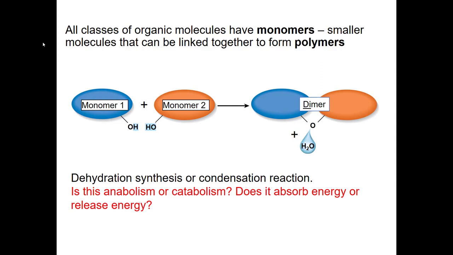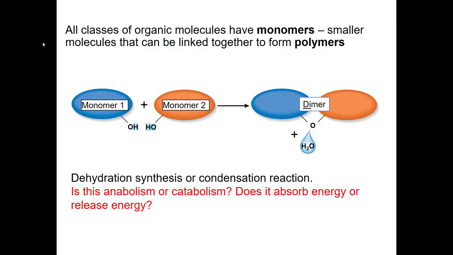Okay, so what are we thinking? Anabolism or catabolism? Who has an answer? Anabolism. Yeah, and why do you think it's anabolism? Because you're building. Yeah, adding it together. We're taking two smaller pieces and we're building a larger macromolecule from those smaller pieces. So it's anabolism.